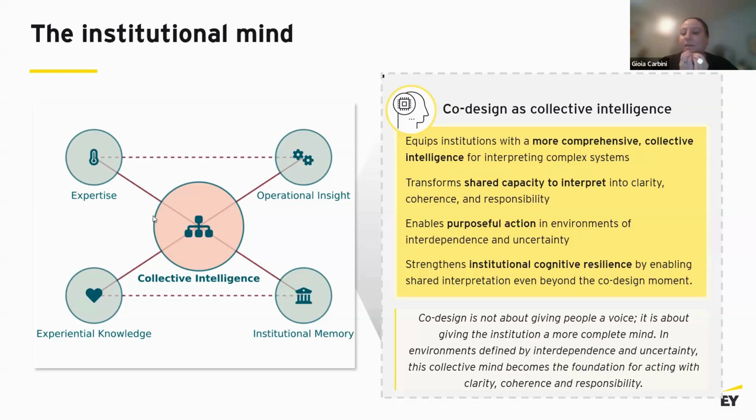So co-design, in my personal perspective, is a way for institutions to think together, and that capability, more than any specific outcome, is what enables institutions to transform with integrity.